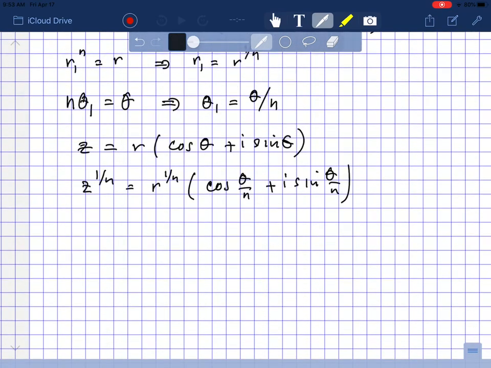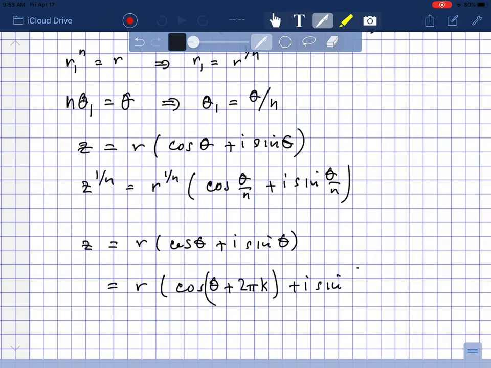Now, here's how we get more nth roots of a complex number. So z is equal to r times the cosine of theta plus I times the sine of theta. This is one polar representation of the complex number z. Remember, we said there are infinitely many, and those other polar representations are given by r times the cosine of theta plus 2 pi k plus I times the sine of theta plus 2 pi k.